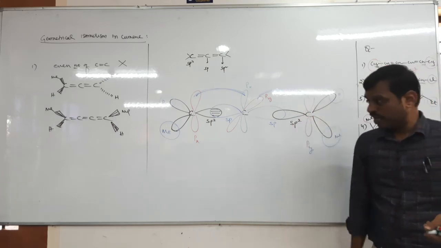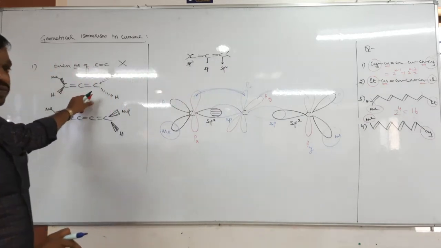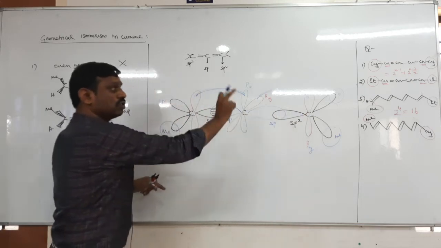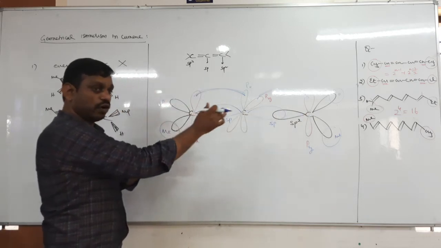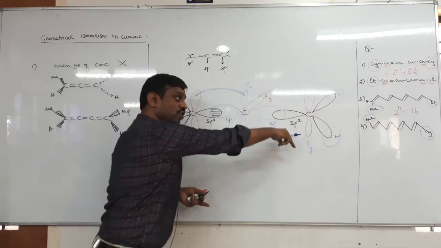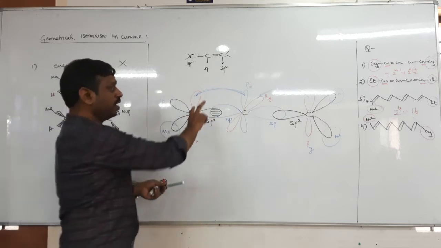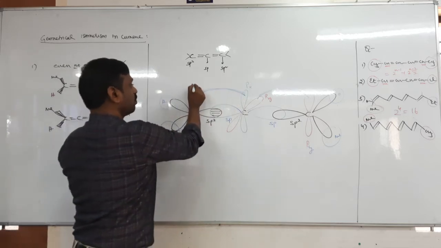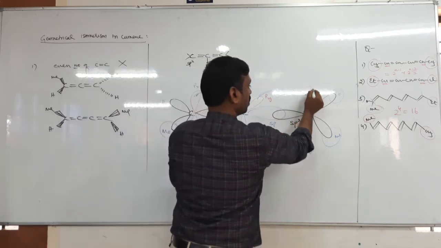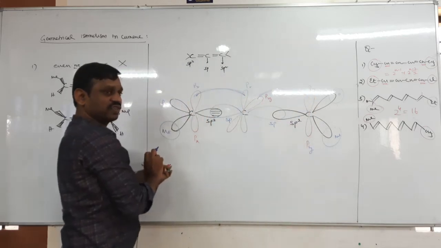That's what, if the molecule, cumulene, has an even number of double bonds, then the groups present on the terminal carbon atoms go out of the plane, meaning they are not in the same plane. Here px overlapping is on one plane, and py overlapping is perpendicular to the px.